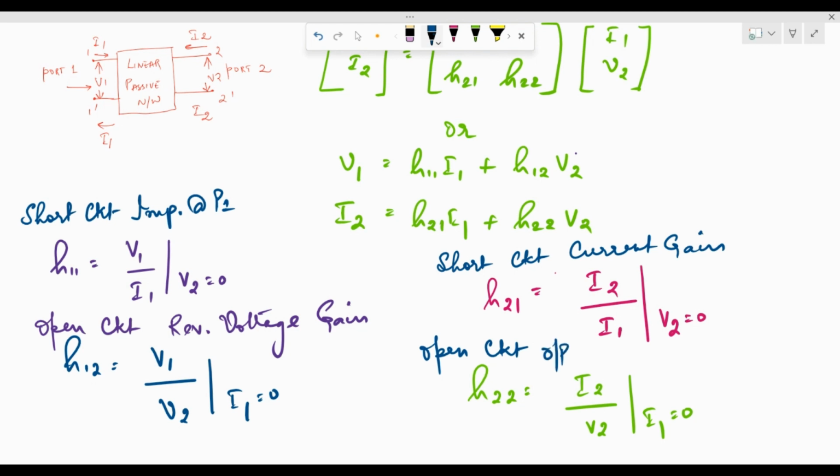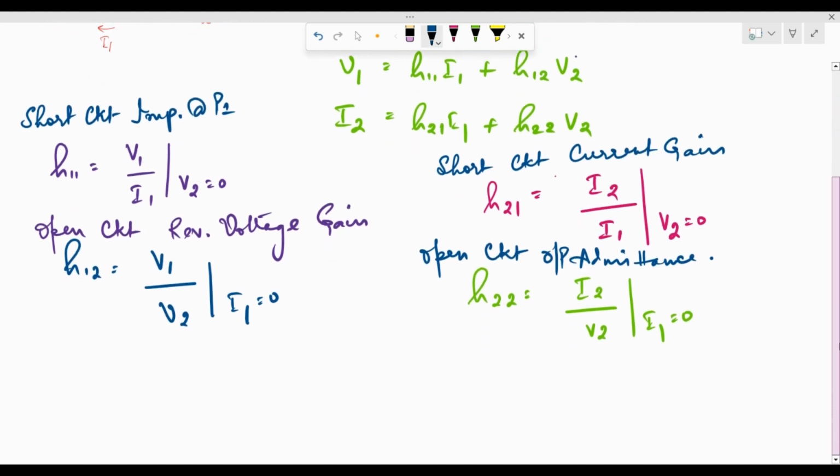So this is output admittance. So having said that, these are my four H parameters that make up the H matrix.